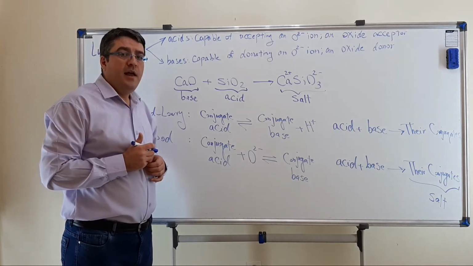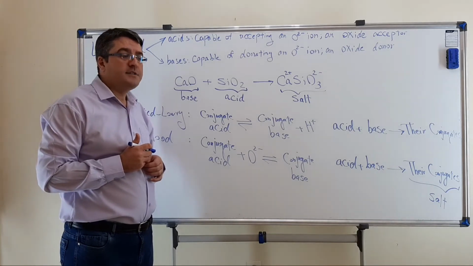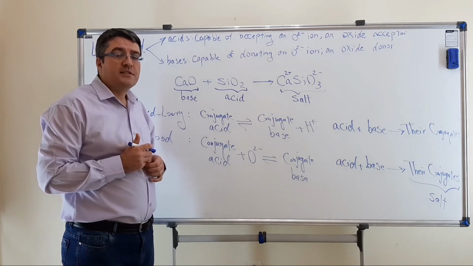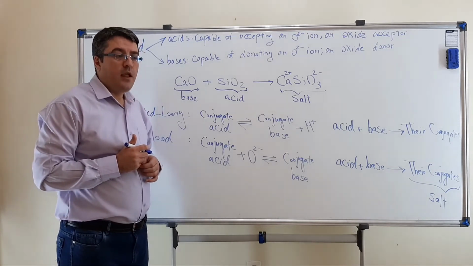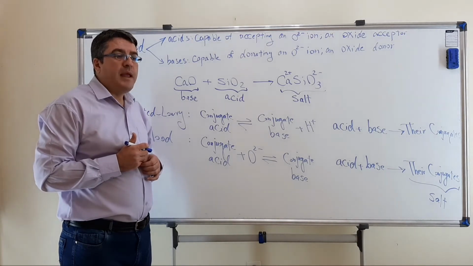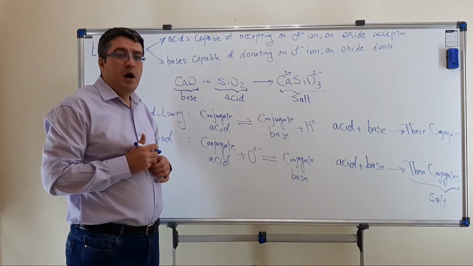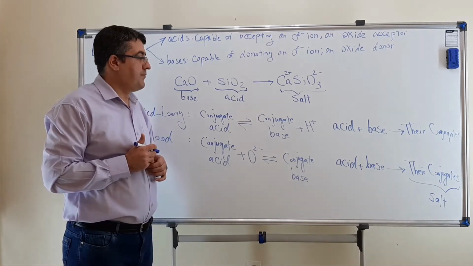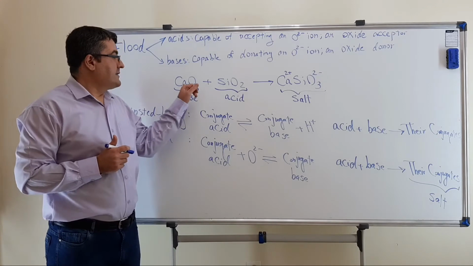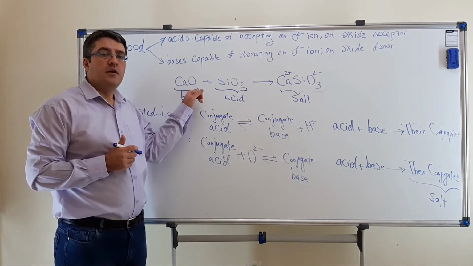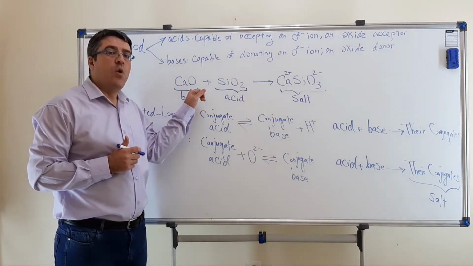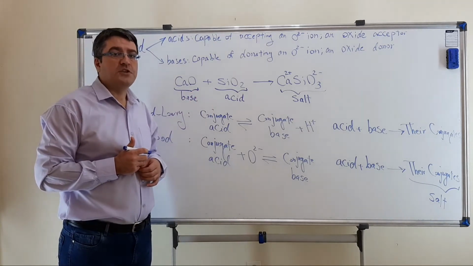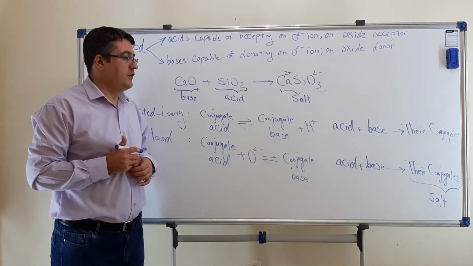For example, acidic and basic anhydrides are among good candidates to be analyzed by Lux-Flood acid-base theory, where acidic and basic anhydrides are compounds produced by removal of water from common acids and bases. For example, CaO, calcium oxide, from Ca(OH)2, calcium hydroxide, SO3 from H2SO4, and so on.